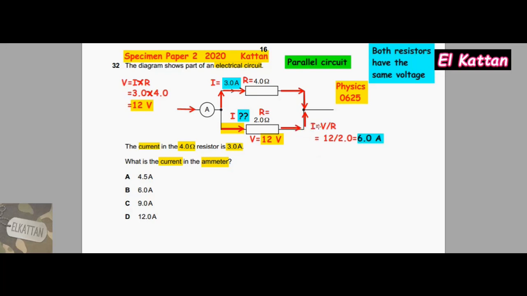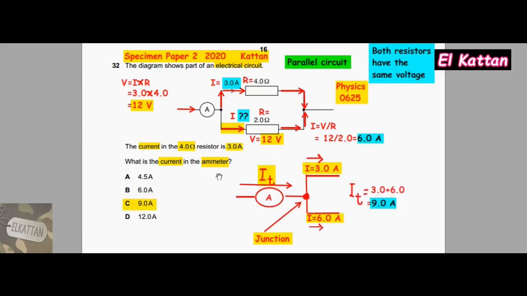So I equals V divided by R. The value of the voltage, 12, divided by the value of the resistance, 2.0 ohm. So 12 divided by 2 is 6.0 ampere. So the value of the electric current in branch 2 is 6.0 ampere.